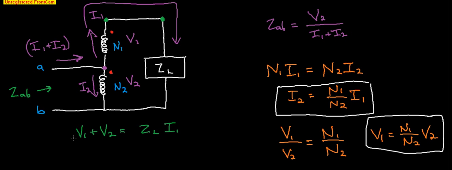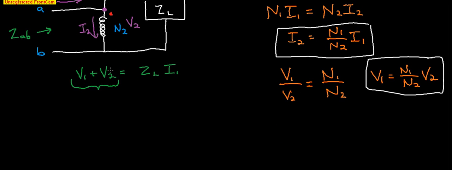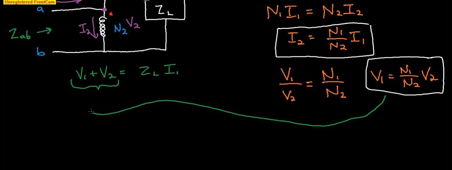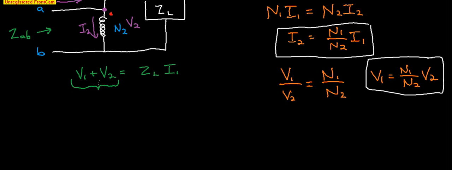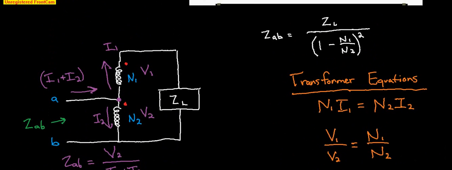For the next step, let's rewrite this expression in terms of just one voltage. If we plug in this V1 to this V1, we get N1 over N2 times V2 plus V2 should be equal to Z of the load times I1. And this Z of the load is a good thing, because if we look back at our equation, Z of the load should be in our answer.